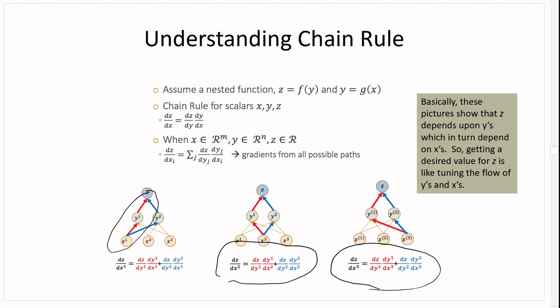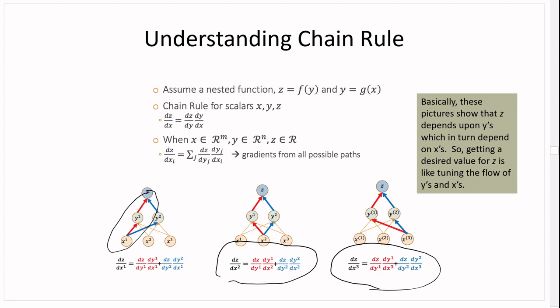Let's look at another example of chain rule here. In this case, let's say on the leftmost figure, there is an output z, which is being driven by two variables y1 and y2. And y1 and y2 in turn are being driven by three variables x1, x2, and x3.